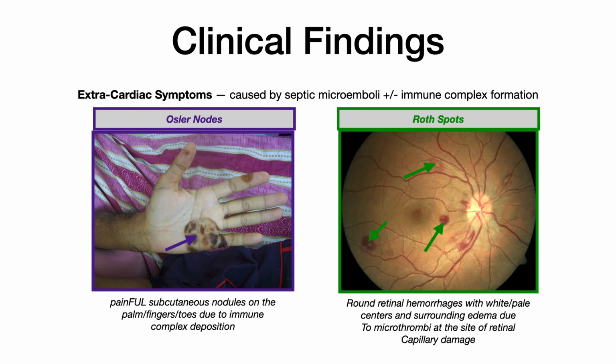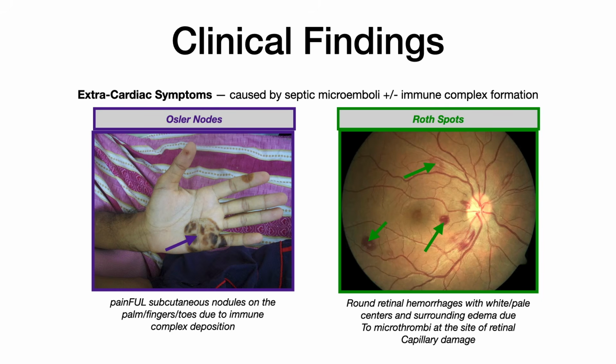Lastly, very important, Roth spots. So Roth spots are round retinal hemorrhages with white centers or pale centers and some surrounding edema. This is again due to microthrombi, but specifically, obviously, at the site of the retinal capillary damage. So I've pointed them out with the green arrows here. Hopefully you can appreciate that they have white centers.